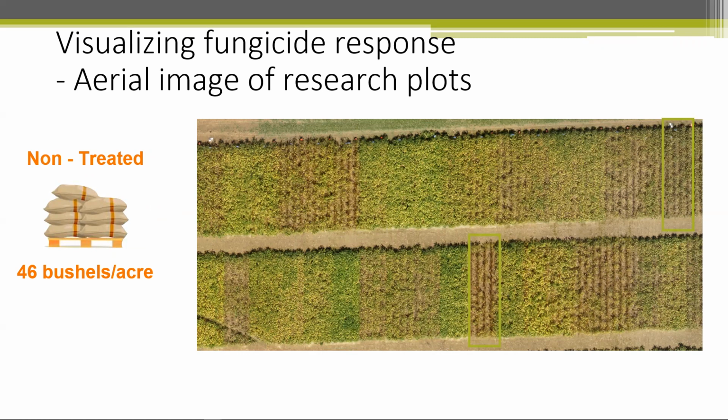As you see from above, the ones outlined in green are our non-treated checks, and they yielded 48 or 46 bushels per acre, compared to our other plots outlined in green now that were treated with a fungicide at R3 and yielded 10 bushels per acre more. Of course, they're greener later in the season.